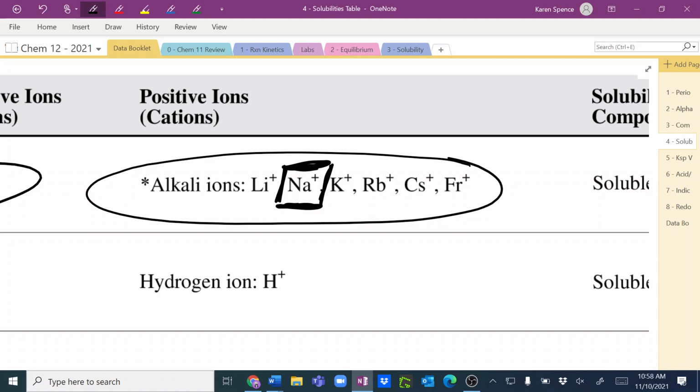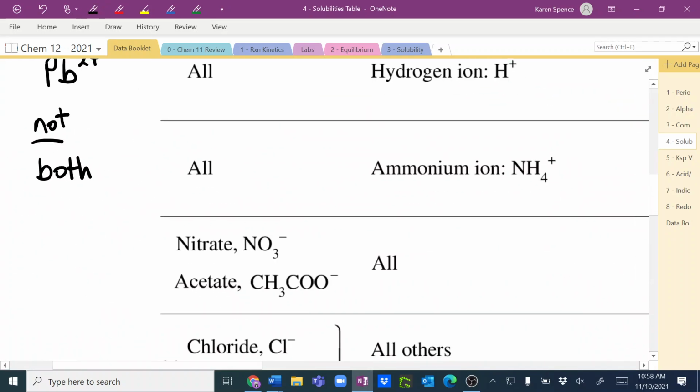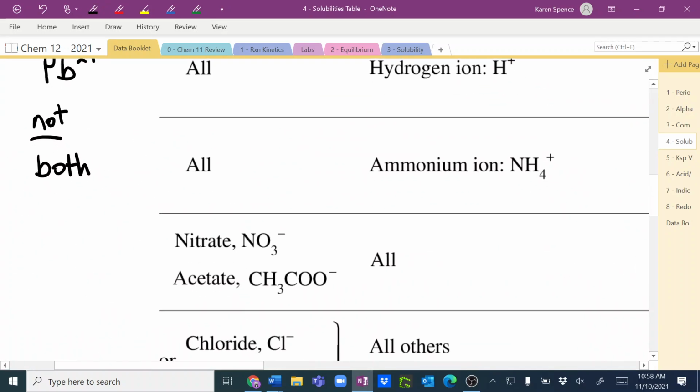If you just remember always pick sodium, then you don't have to think too hard. The nice thing is later, when we have to choose an anion to pair up cations with, we're going to choose nitrate. And nitrate and sodium, Na, both begin with N, so that'll help remember.